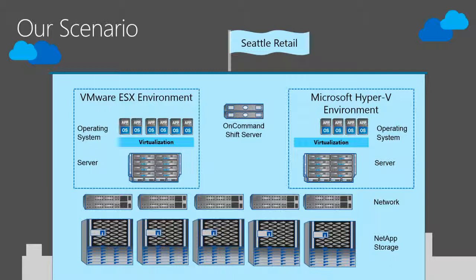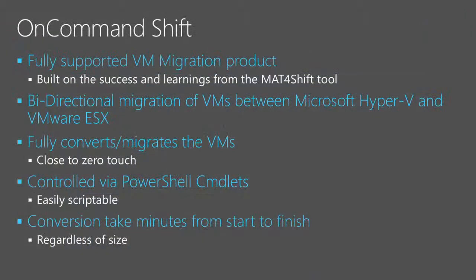You install it on hardware, either physical or virtual. It's a piece of software. And what it does is it orchestrates the migrations between VMware and Hyper-V. I say orchestrates because it actually doesn't copy any files. None of the VM files touch the Shift server. They never leave the controller. We do all of the magic on the controller. Okay, so what is OnCommand Shift?